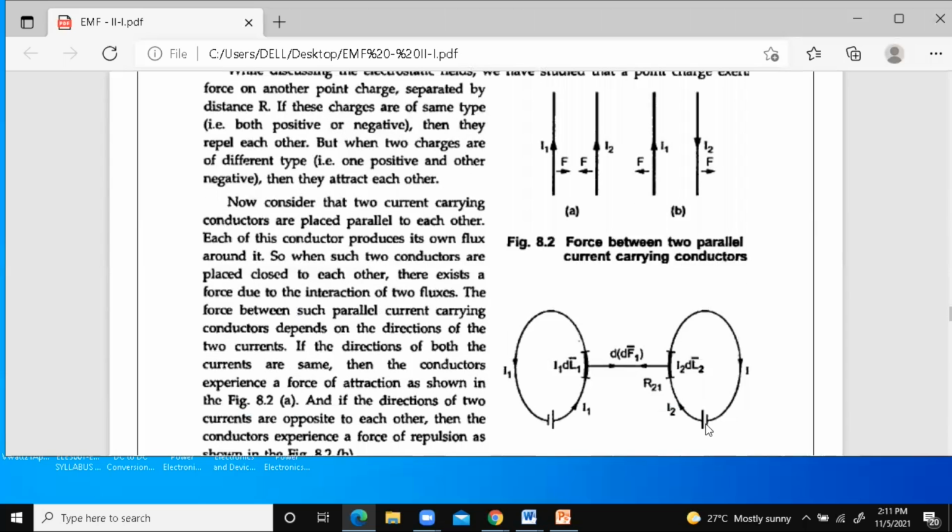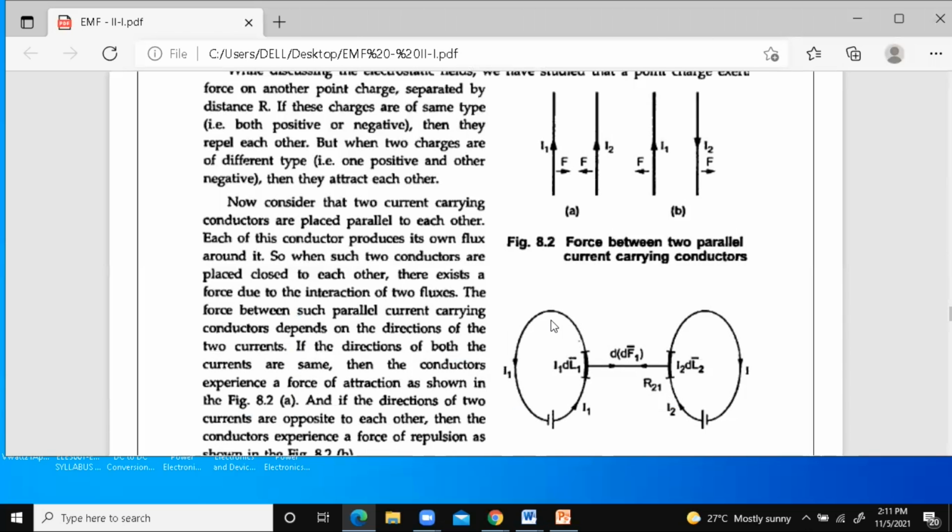Now consider 2 current elements, 2 current carrying conductors placed parallel to each other. Each conductor produces its own flux around it.